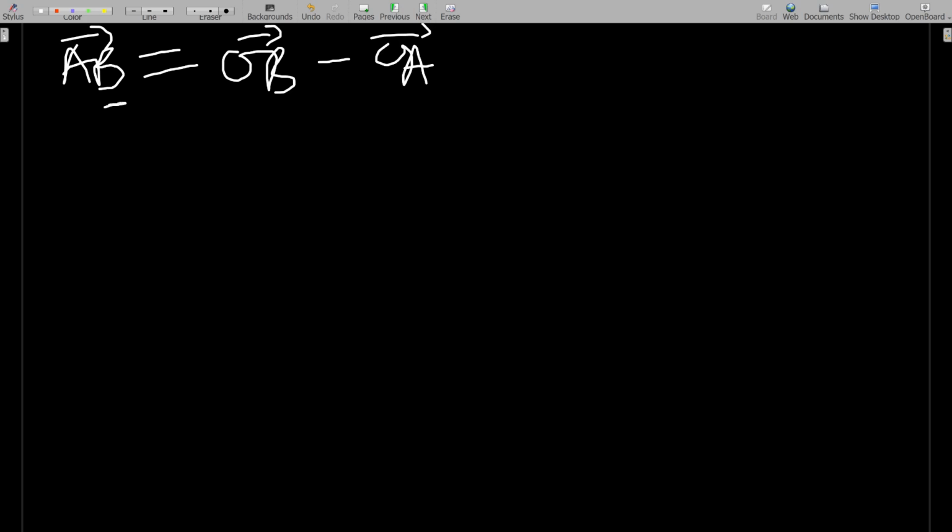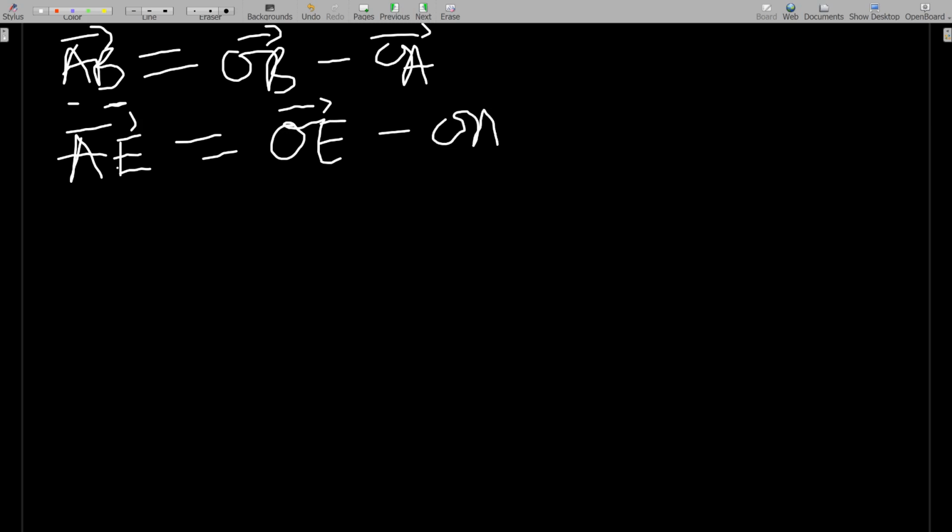Then the position vector for AE is given by OE minus OA. Position vector for BC is equal to OC minus OB.